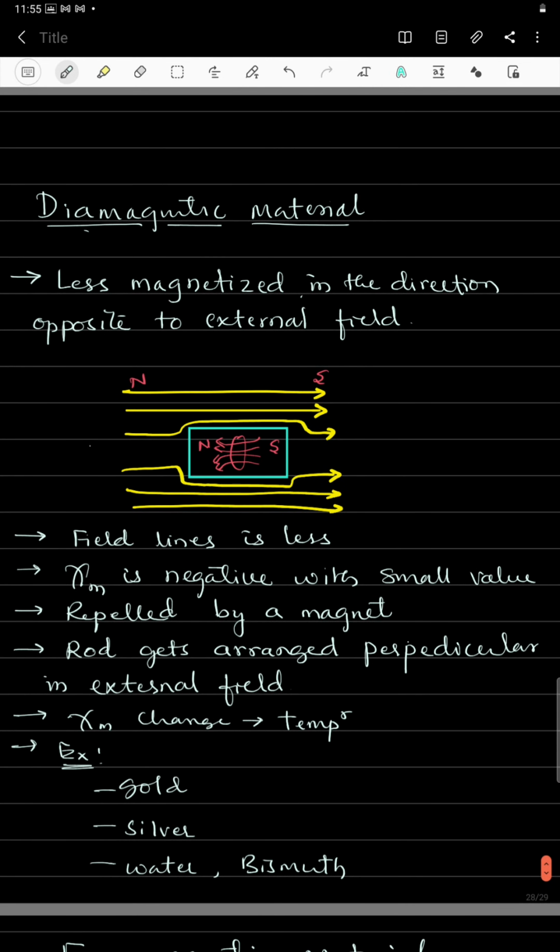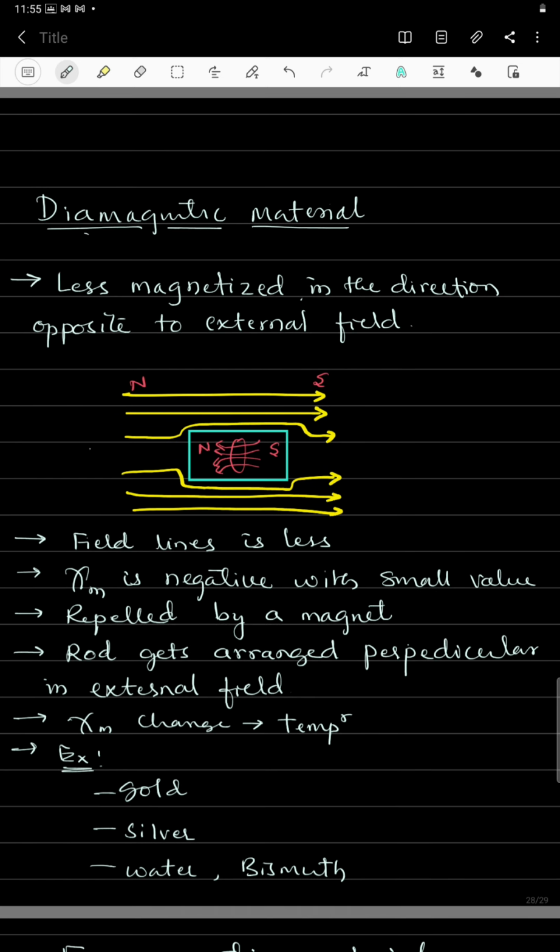Now, what is a diamagnetic material? Diamagnetic materials are those which are weakly magnetized in a direction opposite to the direction of the applied magnetic field. So here the magnet repels diamagnetic materials.